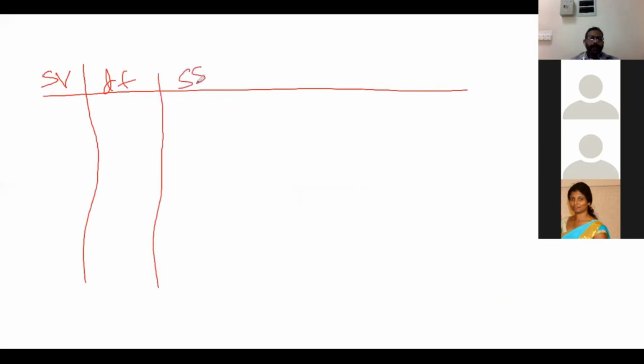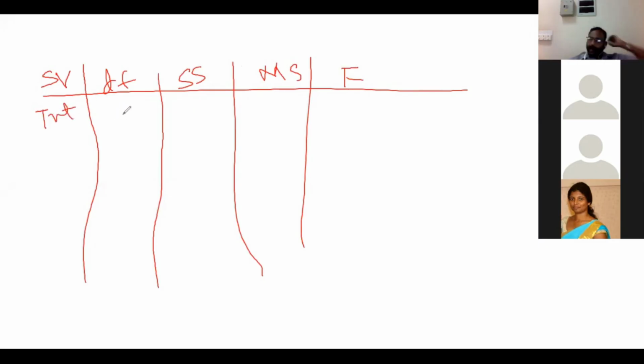Sums of square, mean square, F value, calculated value. What are the sources of variance? Treatment. What is the degrees of freedom of treatment? It is T minus 1.